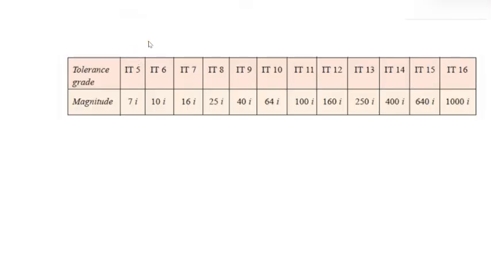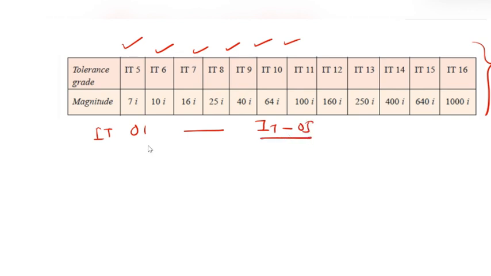Now these are the various tolerance grades. So IT5, 6, 7, 8, 9, 10 up to 16. From IT01 to IT5, the in-between values form a geometric progression.